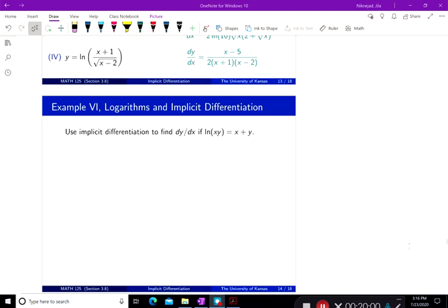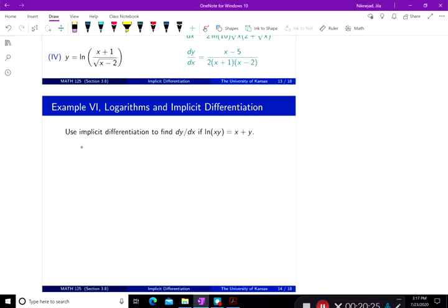Example 6, logarithms and implicit differentiation. Use implicit differentiation to find dy/dx if natural log of xy is equal to x plus y. So as usual, when it's implicit differentiation, you take the derivative of both sides.